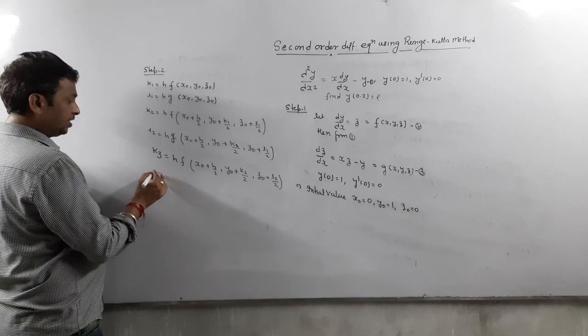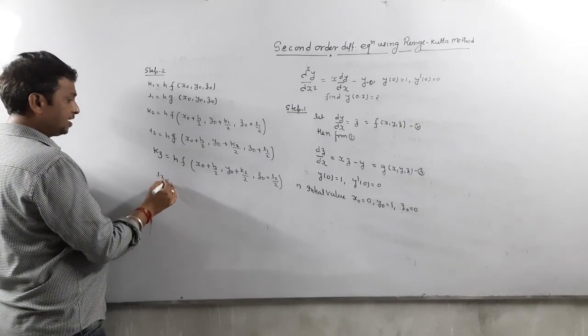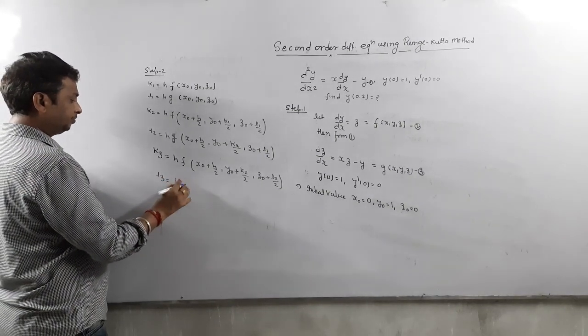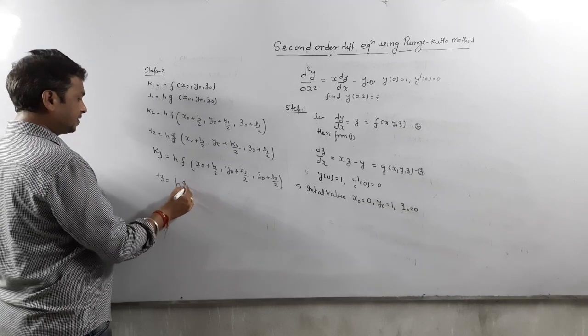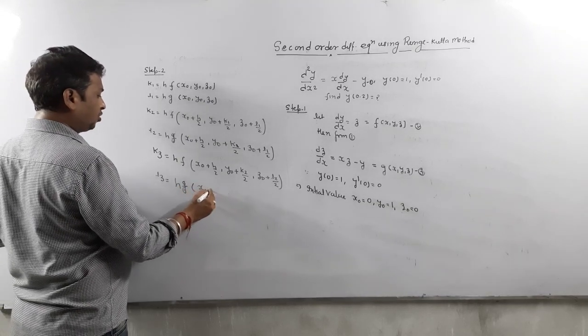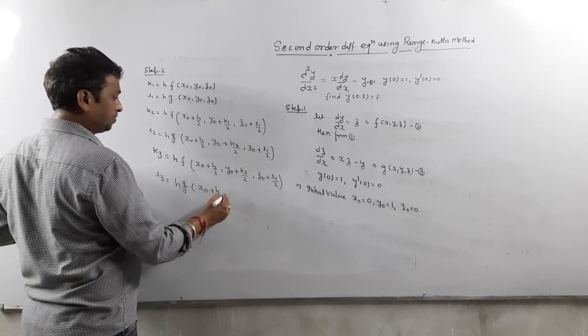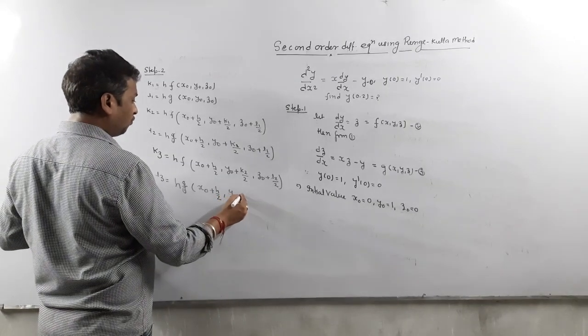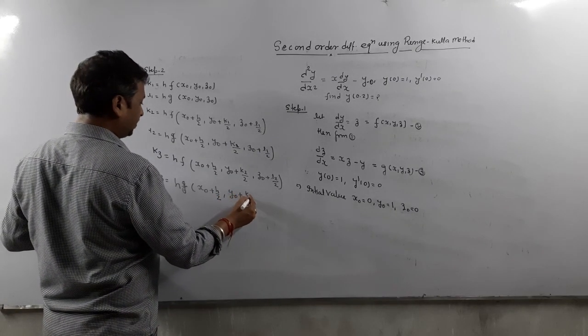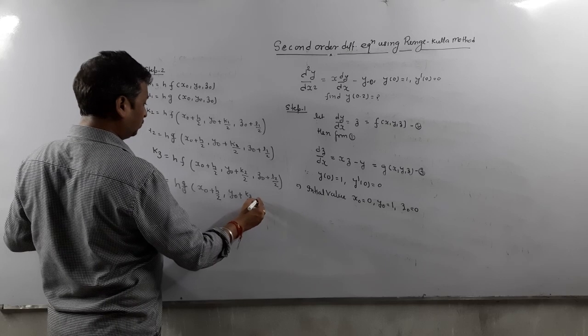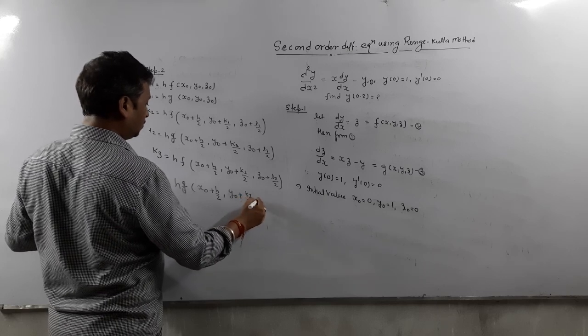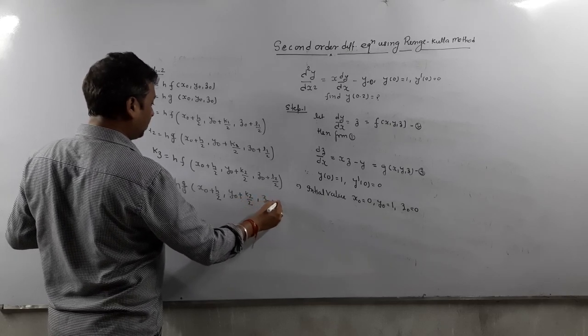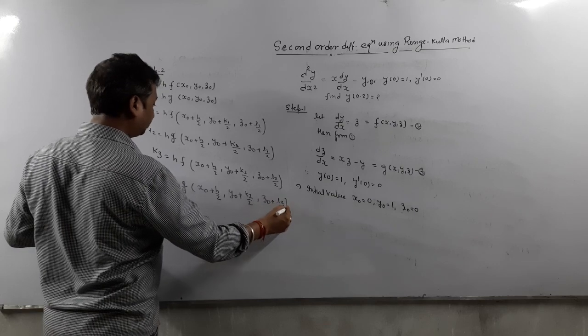And what is your L3? L3 is h g at x0 + h/2, y0 + k2/2, z0 + L2/2.